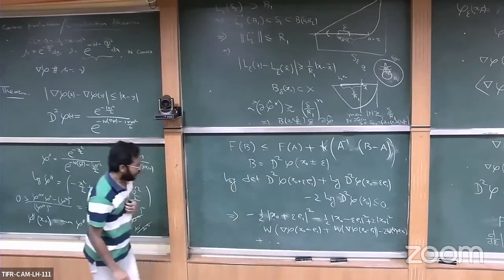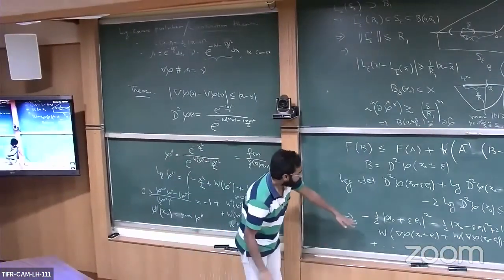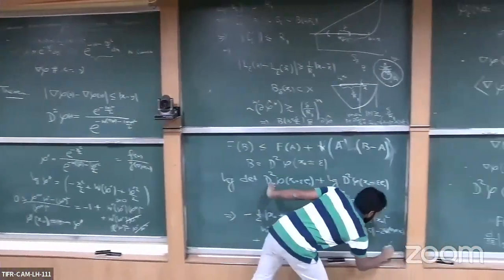I'm not writing it, but now this quantity is less than or equal to 0, right?